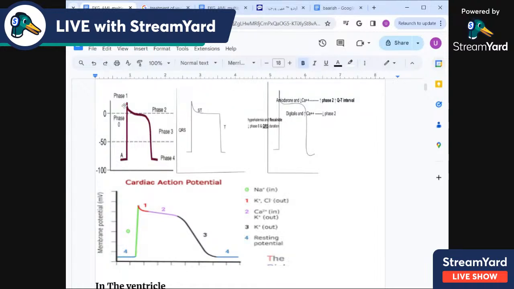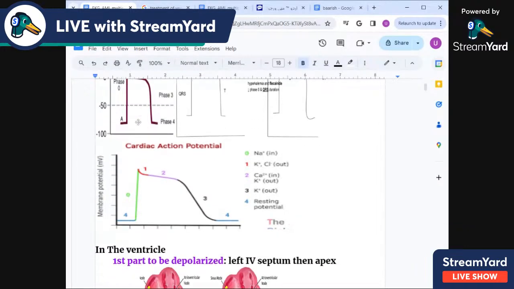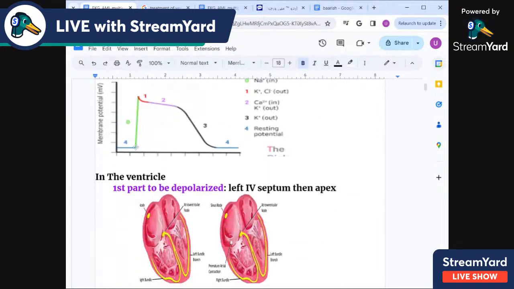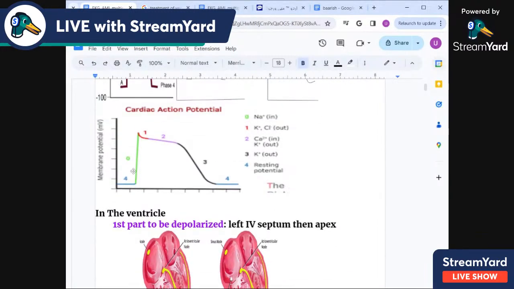I repeat here that QRS is 0.12 seconds, the ST segment isoelectric line is 0.33 seconds, and both of them combined, depolarization plus repolarization, is 0.45 seconds, which is the QT interval. So this is the ST segment corresponding with phase 2, and phase 0 is QRS, and phase 3 is a T wave.